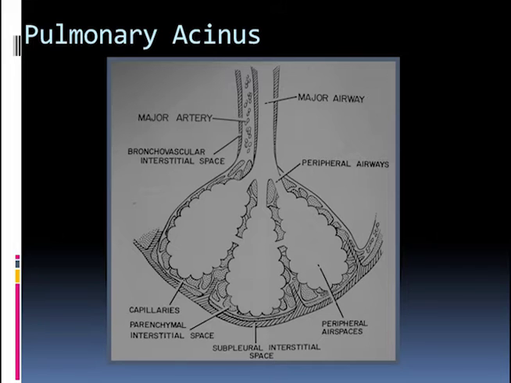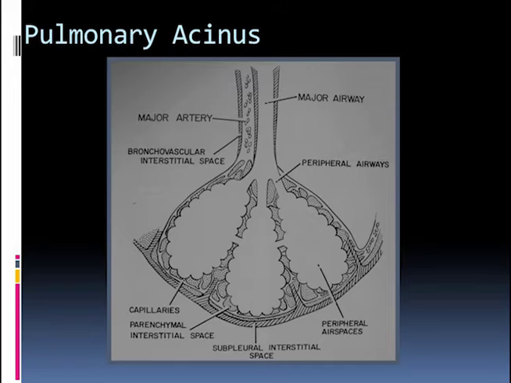If you look at the top of this diagram, you'll see there's an artery and an airway, and the 2 of them sit next to each other. Anywhere in the lung that you go, that you find an artery, you're going to find an airway right next to it. So you can always identify the artery by a bronchus, which is sitting right next to it. Now, the airway comes down and forms these air sacs here.